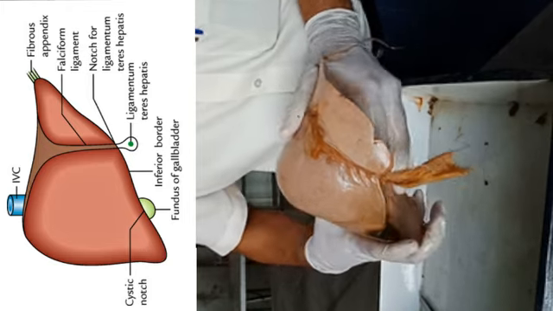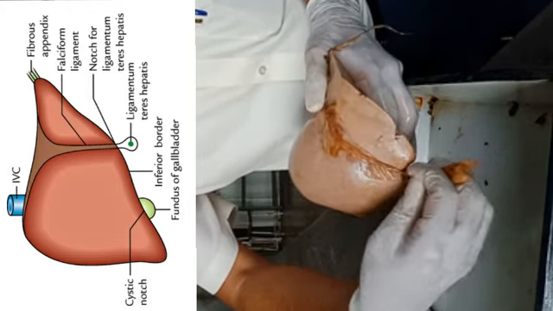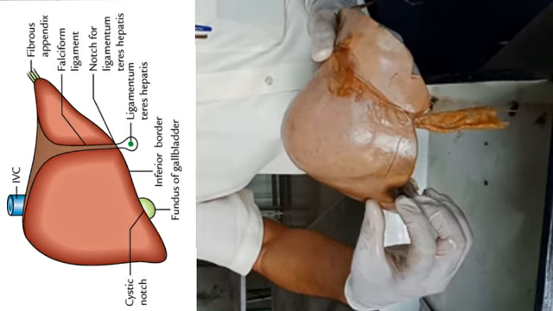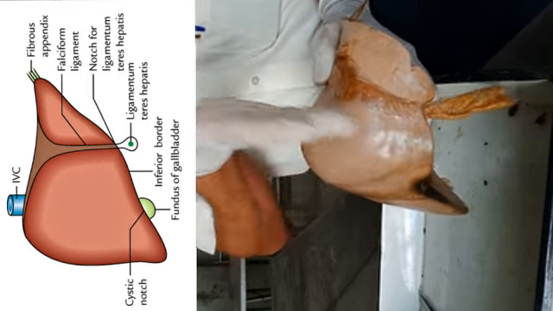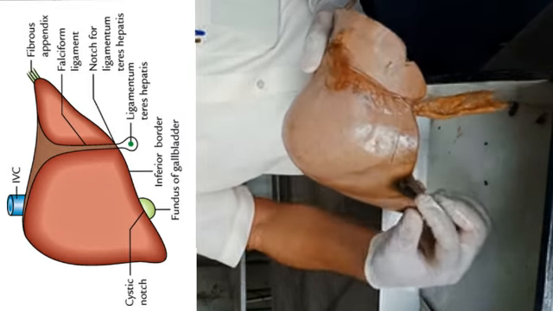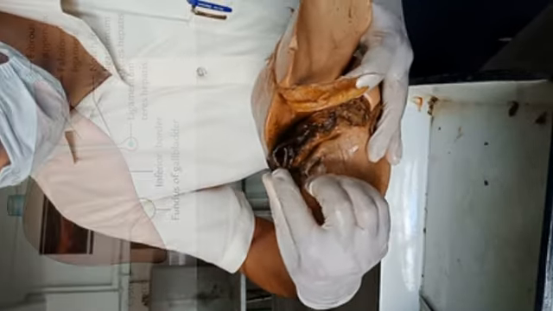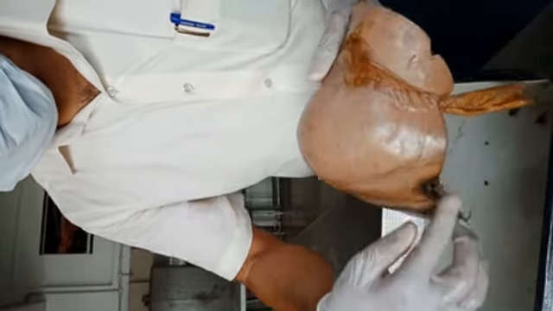There are two important features: one is the notch for the ligamentum teres, and the other is the cystic notch, about 5 centimeters from the median plane, which corresponds with the fossa for the gallbladder. You see the cystic notch. So this is all about the inferior border.